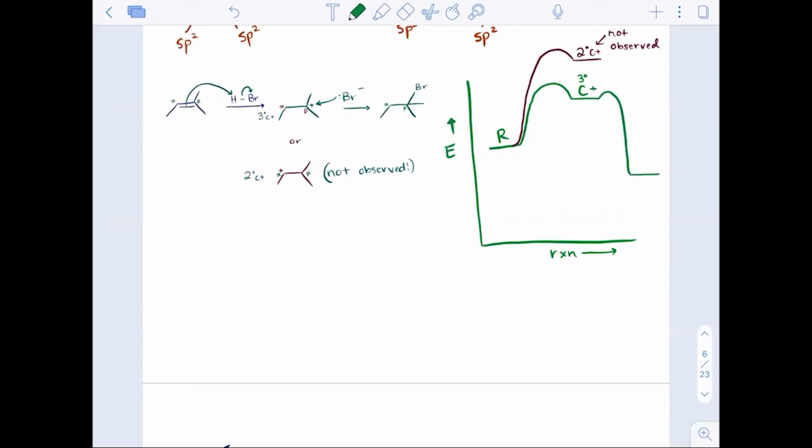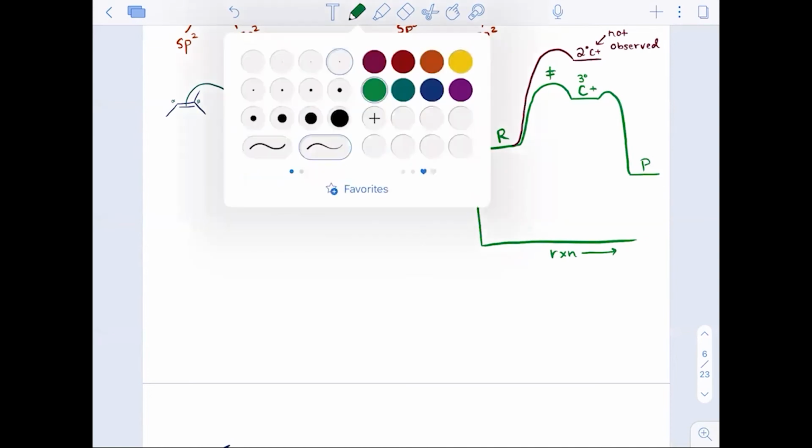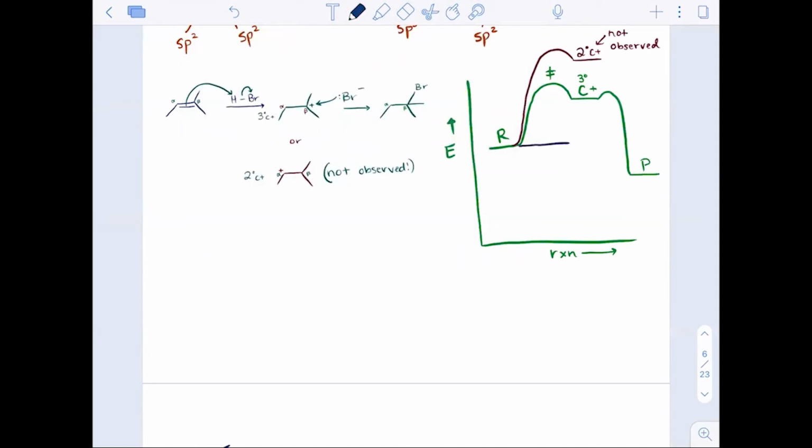And then products. Beautiful. Two steps, reactants to products. We usually see, again, exothermic reactions for this, because the transition state here for that rate determining step is close in energy to the carbocation.